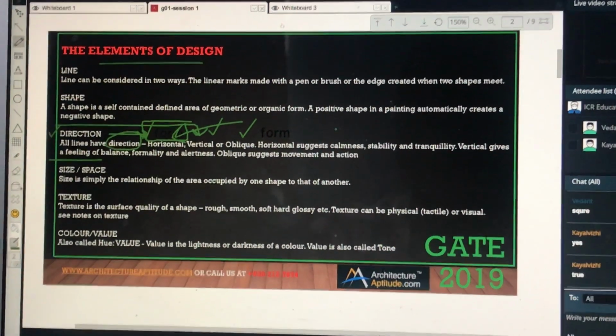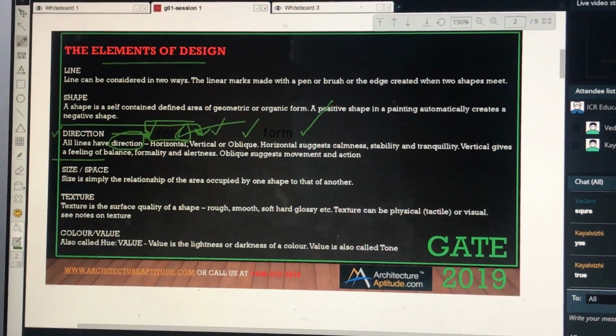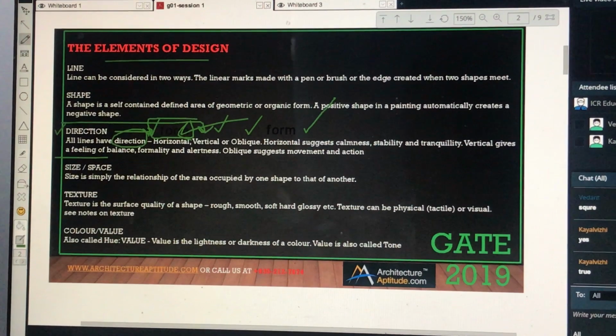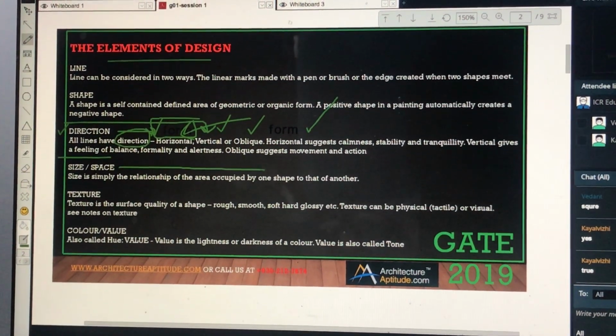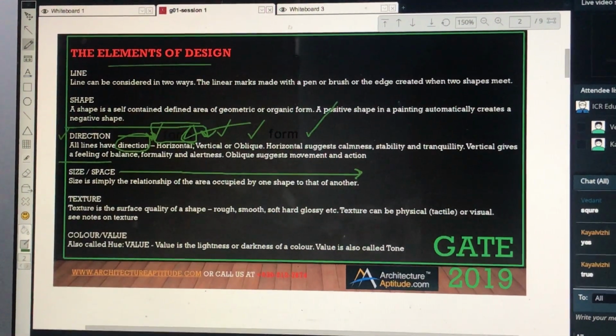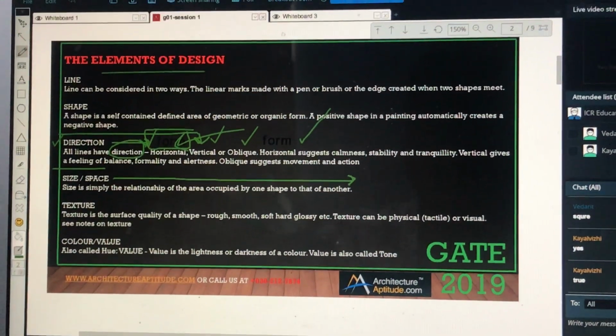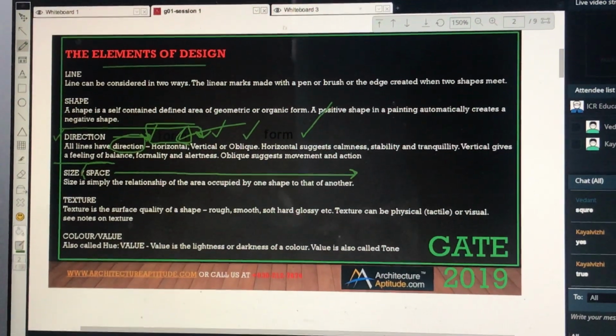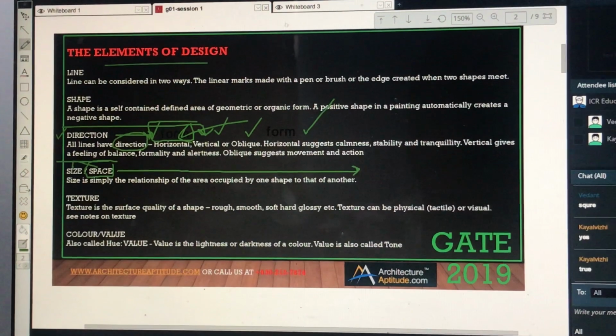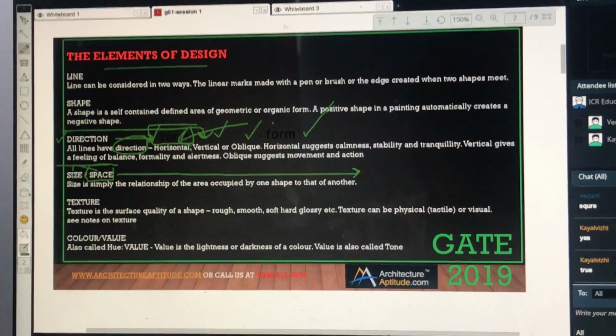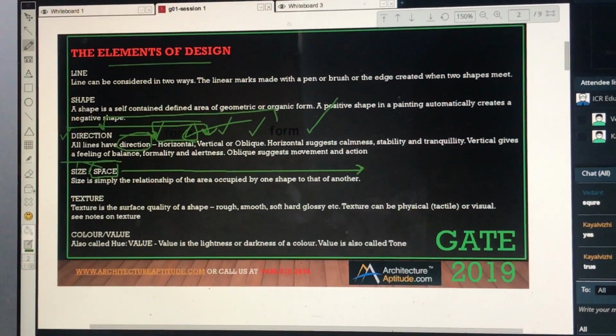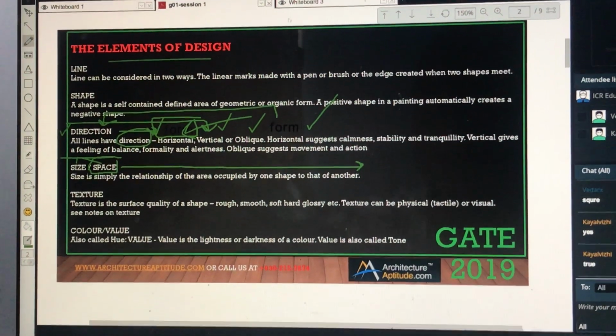But this is ascertained with direction only. What we are trying to relate here, the question category goes a bit tricky to answer. Space is a derivative of size, right? Form is a derivative of direction. Are we clear with the difference?